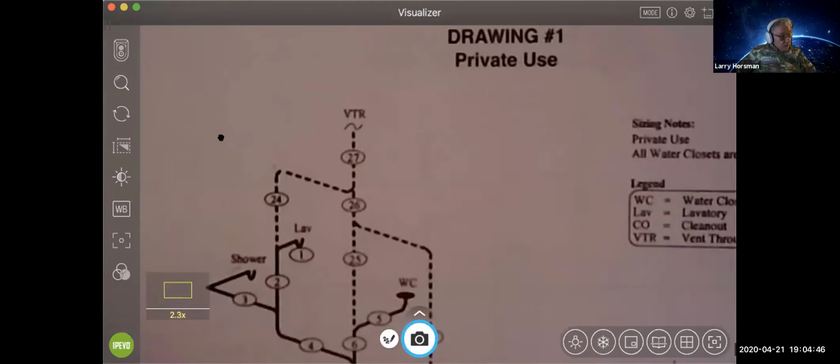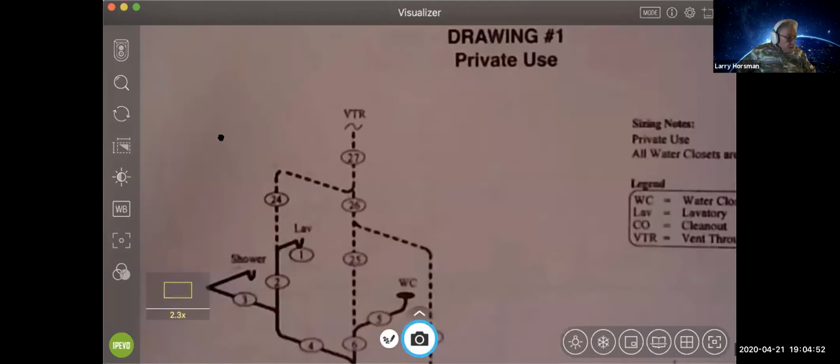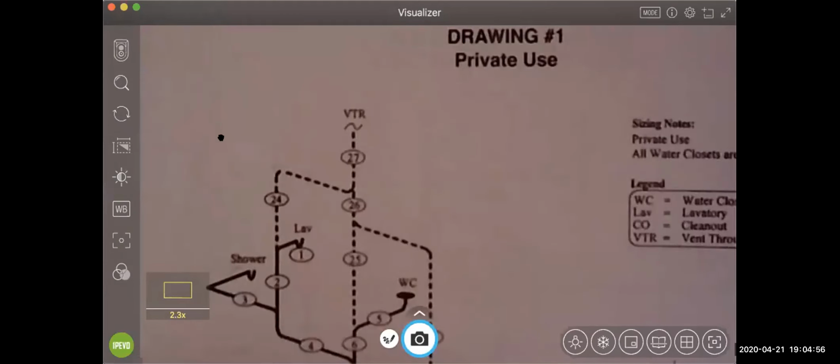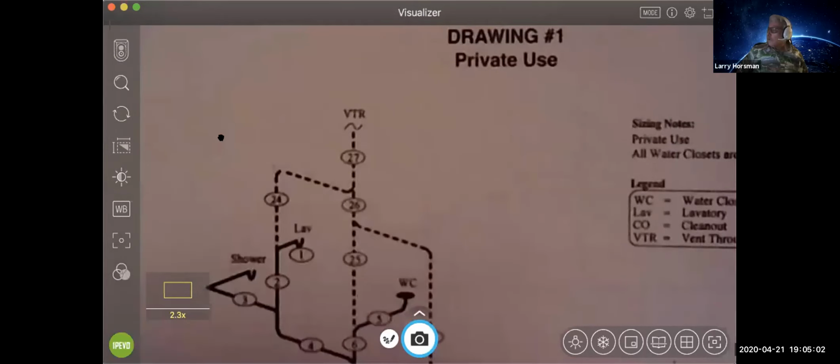But we have a lavatory here. And this little section of pipe in here. So this is wet vented. The plumbing code says if you are going to wet vent in a residence, all of the fixtures need to be on the same floor.